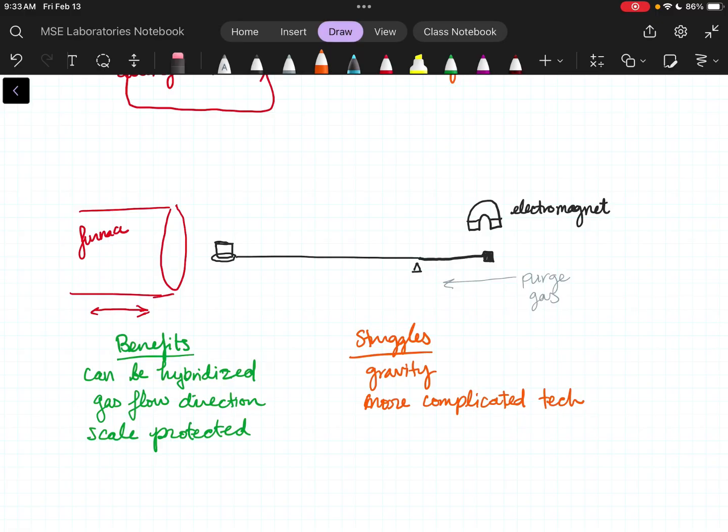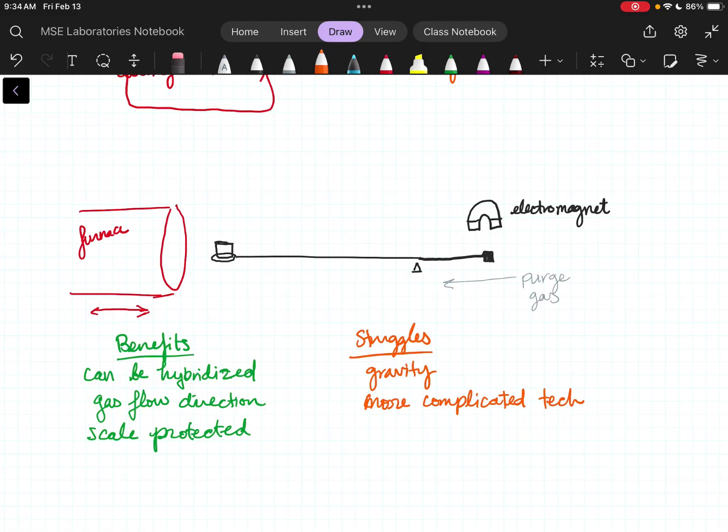So I have to pay attention to how my balance is when things are just empty. It's not particularly easy to repair. This is a very delicate balance right here. And there's a lot more electronics going into this setup. I can't just swap out the mass measurement tool. There's all sorts of bits and pieces.